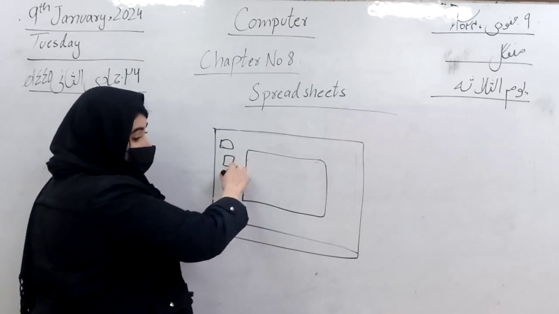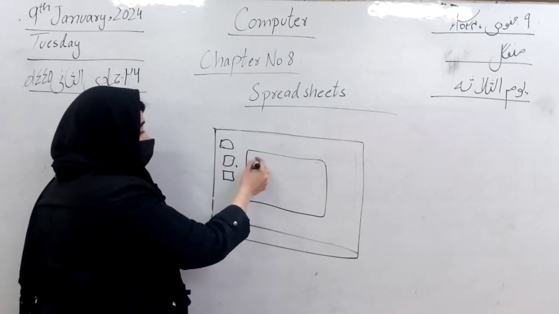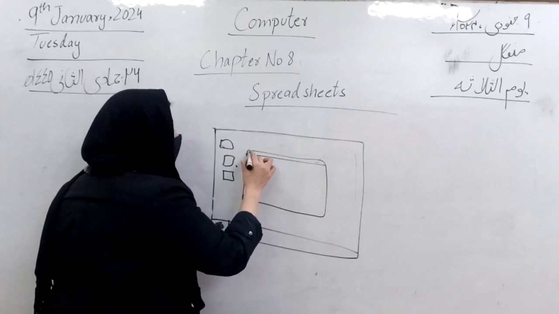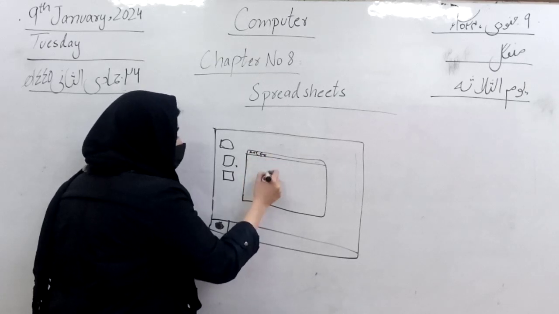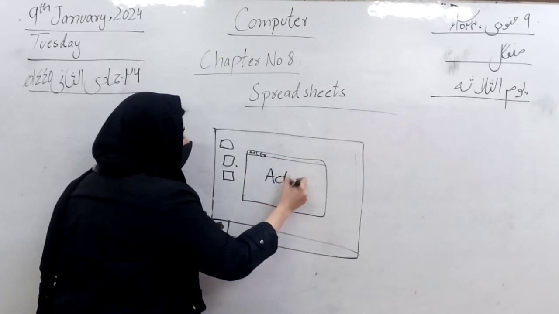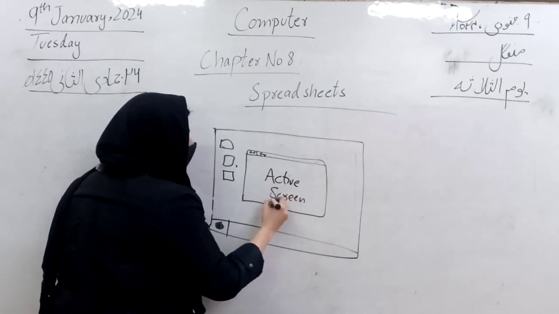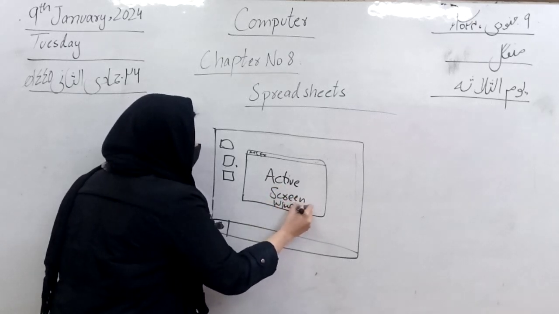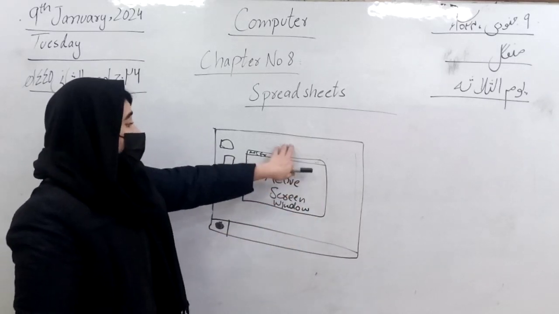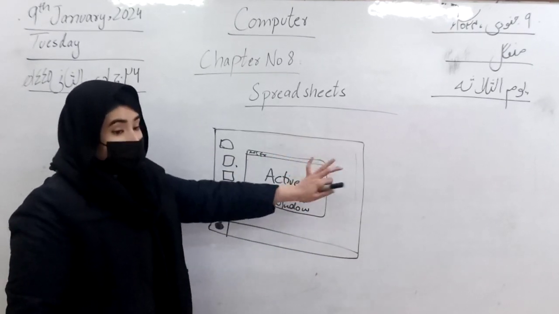When you open Microsoft Excel, this is your active screen, or you can say this is your active window, and the screen behind this is called the inactive window.